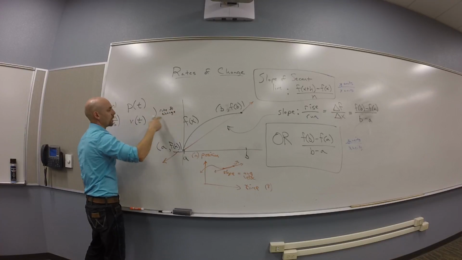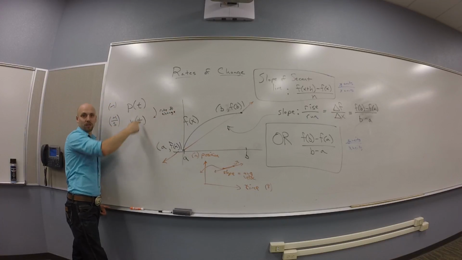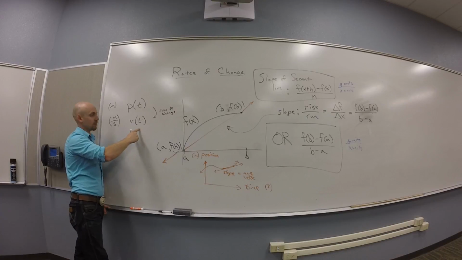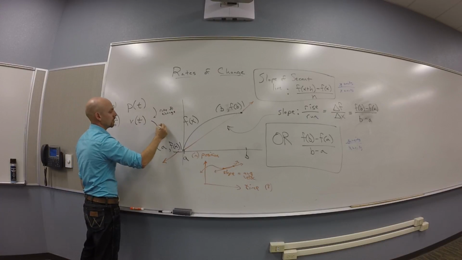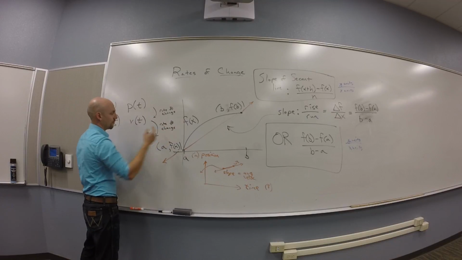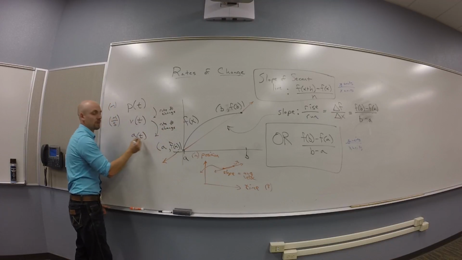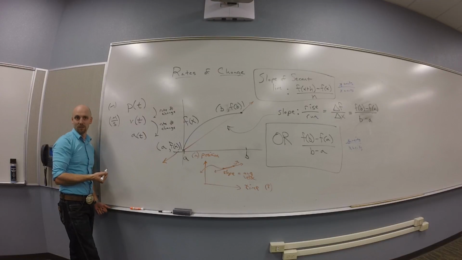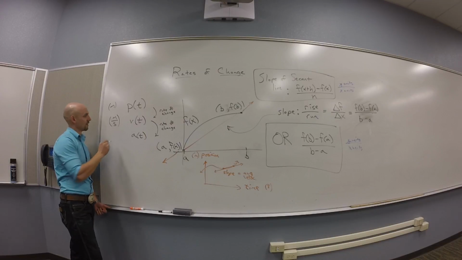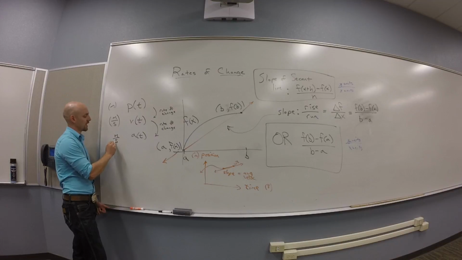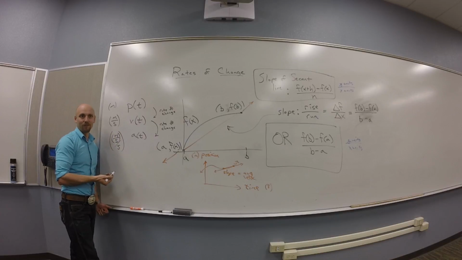So the rate of change of position is velocity, and the rate of change of velocity is acceleration. And what are the units on acceleration? Meters per second per second. Yeah, they're going to be the units of the thing above divided by time.